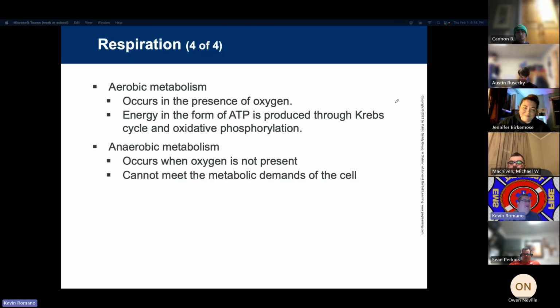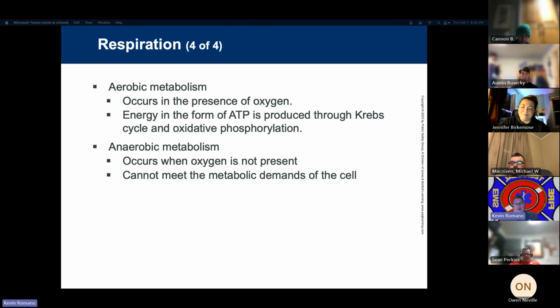Okay. So aerobic respiration. Aerobic metabolism, right? In the presence of oxygen, the mitochondria of the cell, which is what part of the cell again? I think Jen said this last time. It's the powerhouse of the cell. That's right.